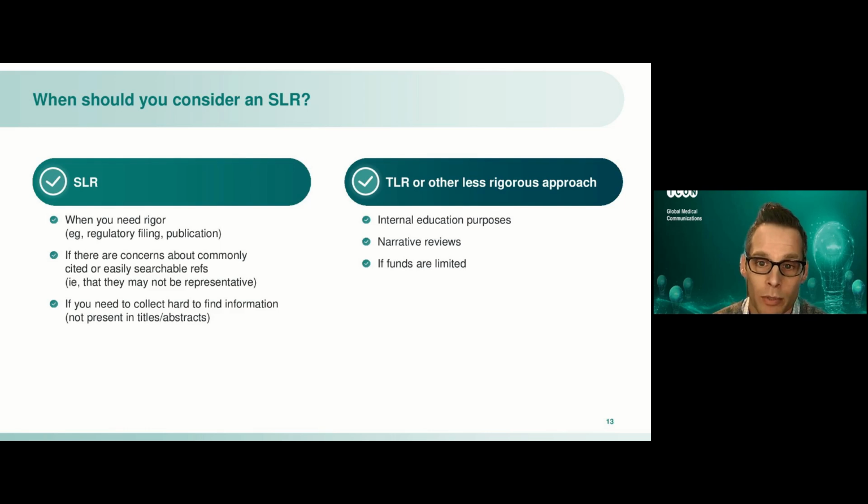So, for example, if you just want to pull some information together for internal education purposes, or if you're interested in pulling together a narrative review, or just practically speaking, if your funds are limited, you may want to find some ways to get the answer you need with a little bit less rigmarole. And you'll have to just make those decisions on your own based on what you have available to you.